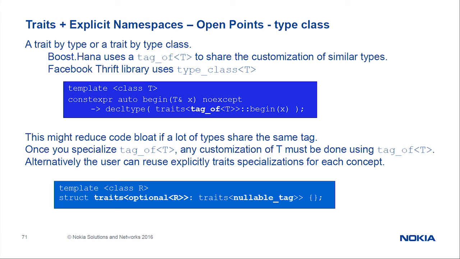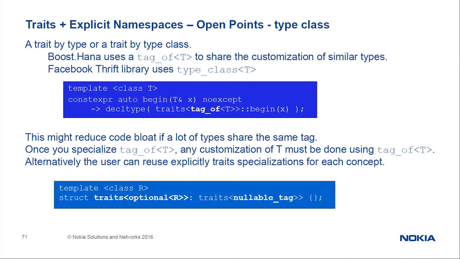I would say this works, but once you have specialized, given a category of your type, you cannot change it. And all the specializations will need to use this category, this tag of.